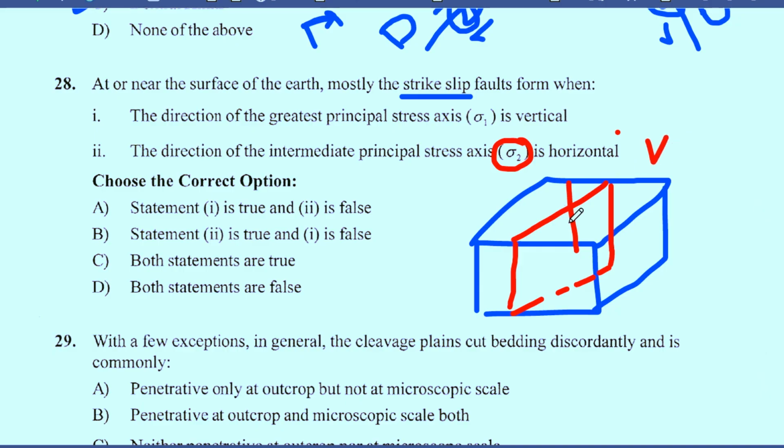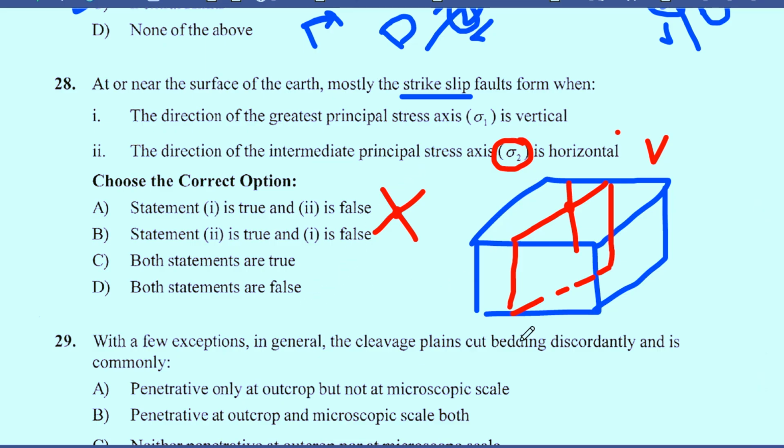Where will this cross point form? It forms where this plane and this plane intersect. That axis where these two planes intersect, we call it sigma 2.